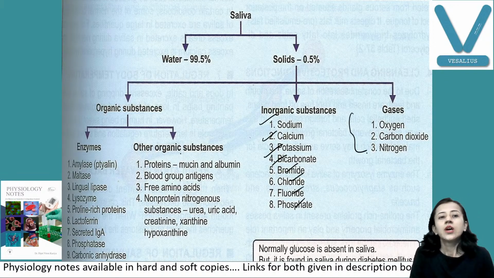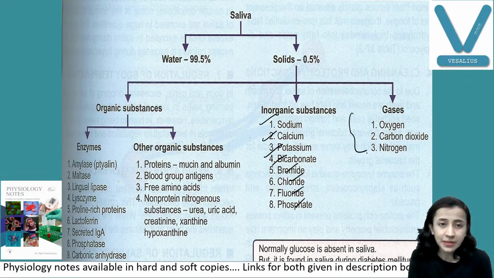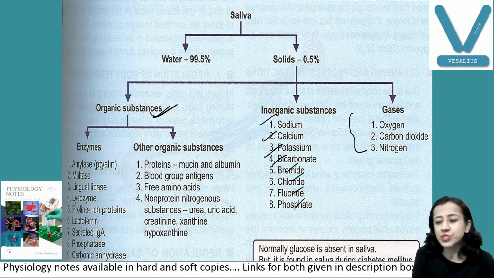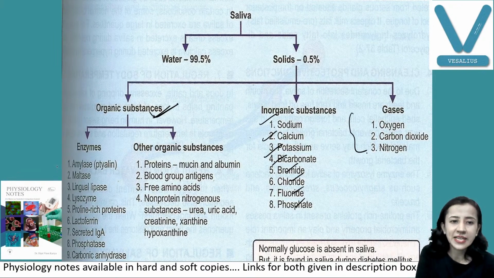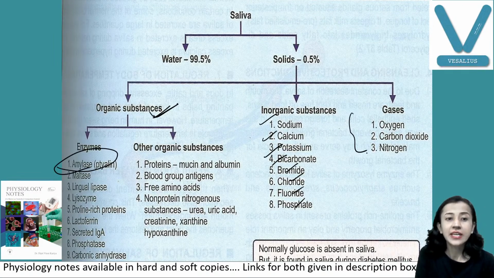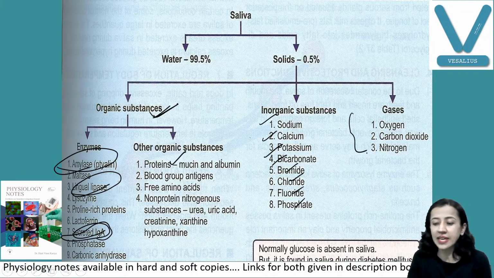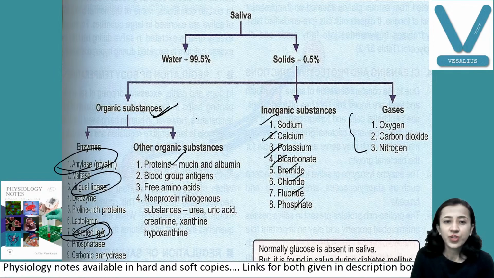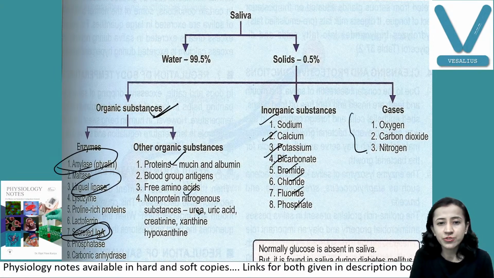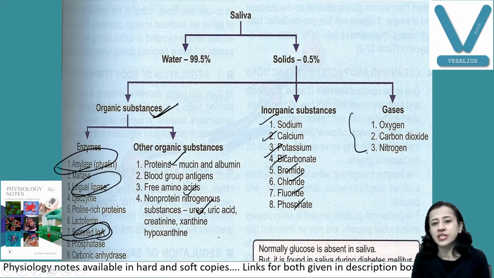If we are talking about organic substances, the important one to remember is the amylase enzyme. Then lingual lipase, immunoglobulin IgA, some proteins, mucin, albumin, then free amino acids and non-protein nitrogenous substances. So these are the organic substances.